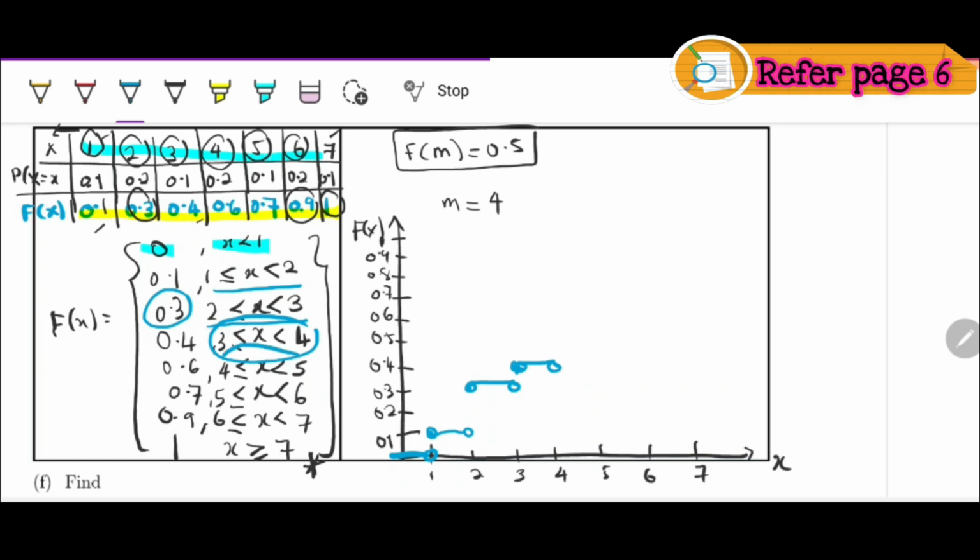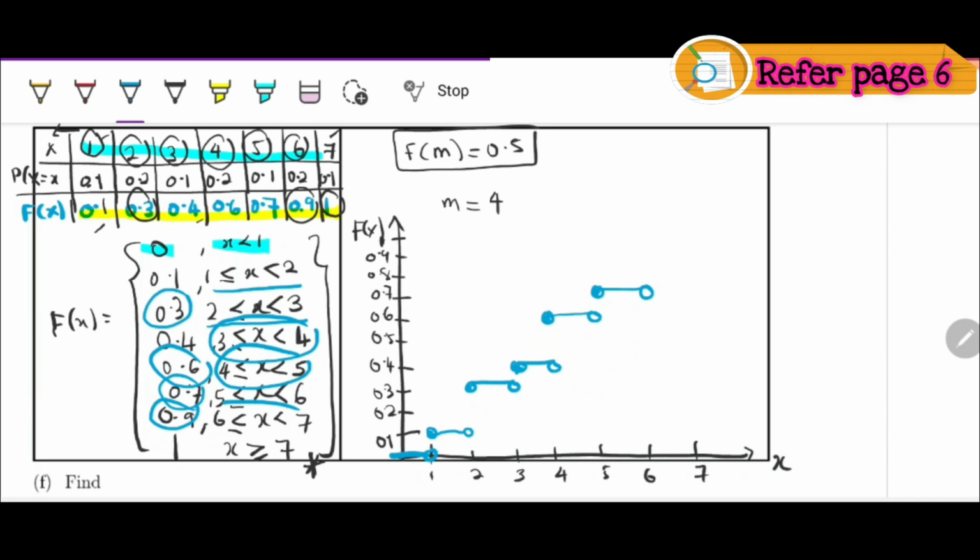On the interval 4 to 5, the Fx is 0.6. Then a circle for 4 and an empty circle for 5. Fx is 0.7 on the interval 5 to 6, with an empty circle for 6 and a circle for 5.